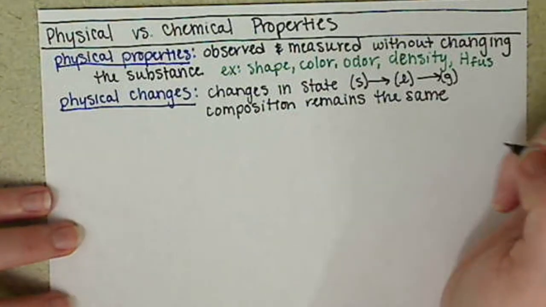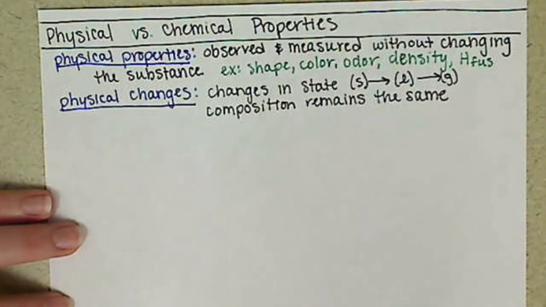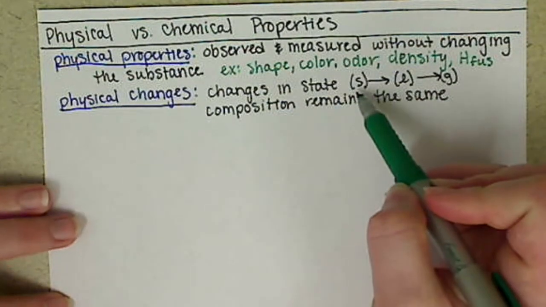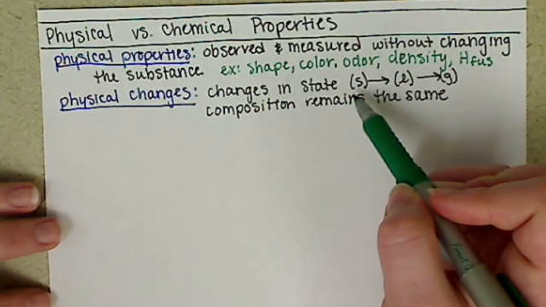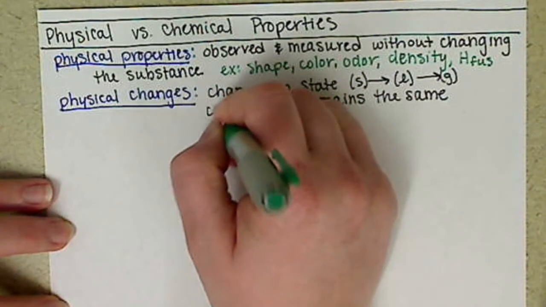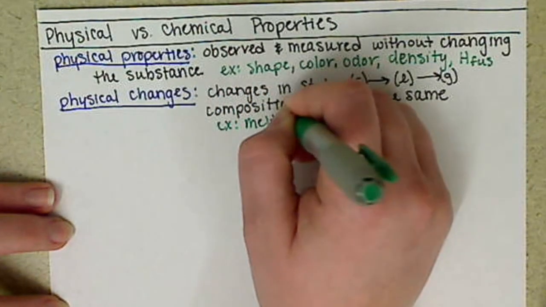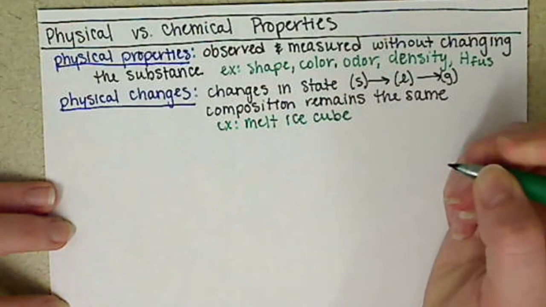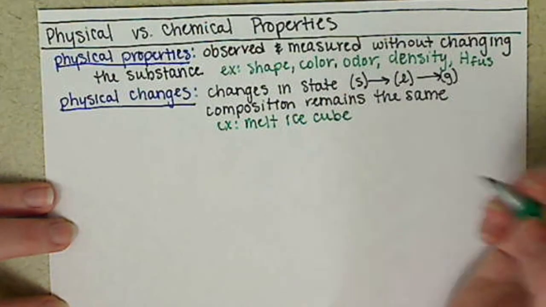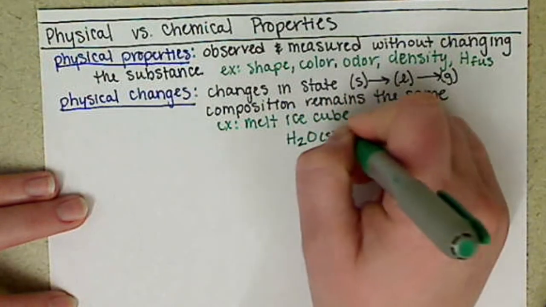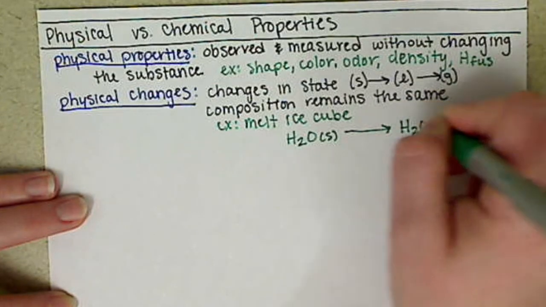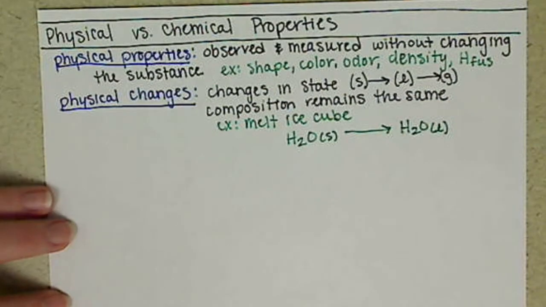If we have water, H2O, we have two hydrogens per one oxygen. If we have a solid ice cube, the molecules in there have two hydrogens per one oxygen. If we melt that ice cube, we still have two hydrogens per every one oxygen. We just take the H2O as a solid and change its physical appearance into a liquid, but we still have the same chemical.